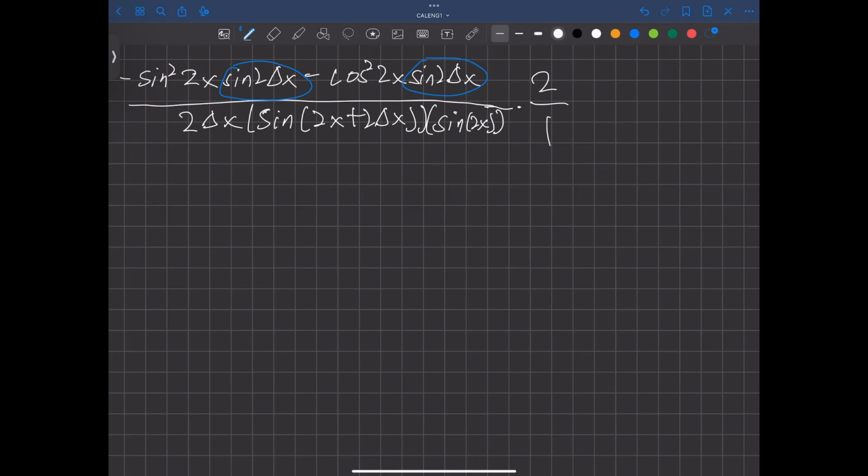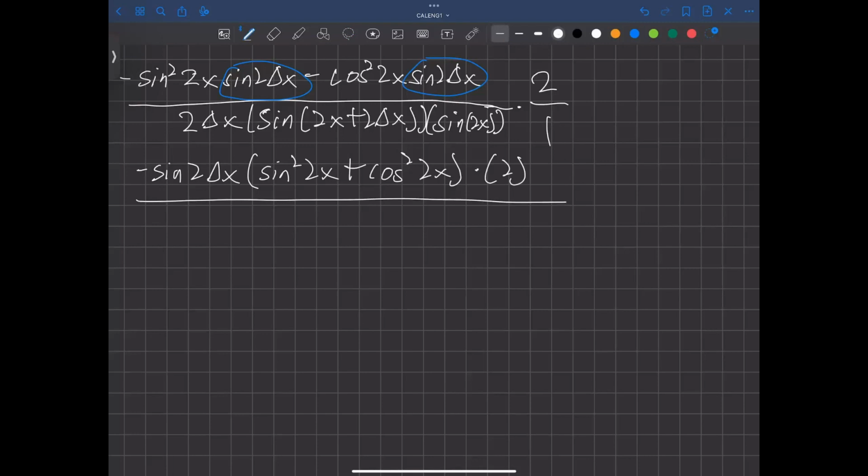So that would give us negative sine 2 delta x multiplied by sine squared 2x plus cos squared 2x, multiplied by 2, all over 2 delta x sine 2x plus 2 delta x sine 2x.